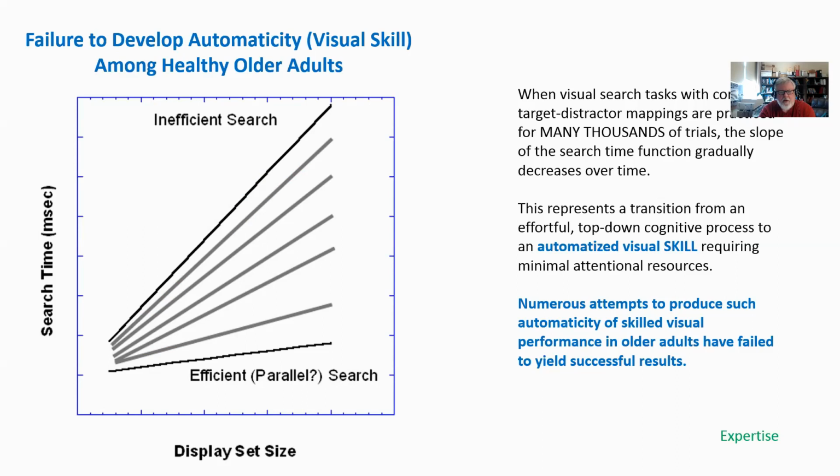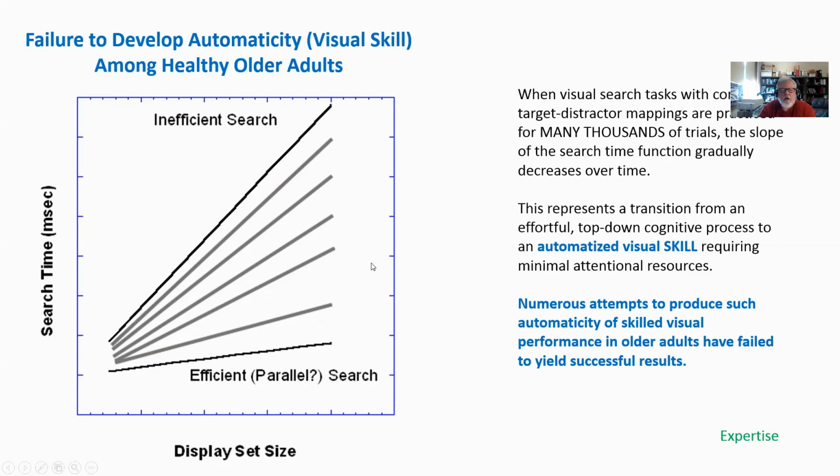But if the distractors are always the same and the distractors never serve as a target, and we now practice many thousands of trials, what we find is we start out with the classic effortful serial search slope in our search function, as we see here in this dark black line. But look what happens to the search function as we do 1,000 trials, and then 2,000, and then 3,000, and 4,000, and 5,000.